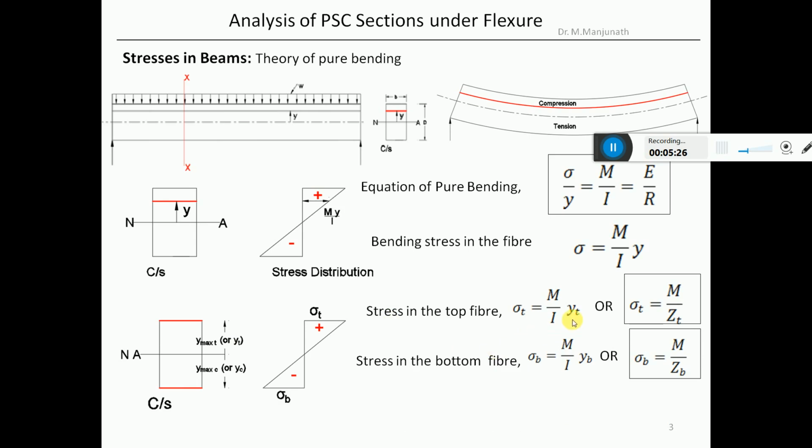Here YT and YB are the fiber distances, and since YT and YB are constants for a cross section, this ratio I upon Y is replaced by a sectional property, what we call the section modulus. Hence the stress in the extreme fibers, what we remember, is given by M upon Z.